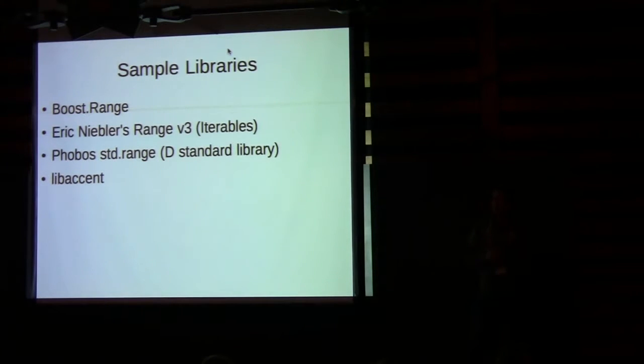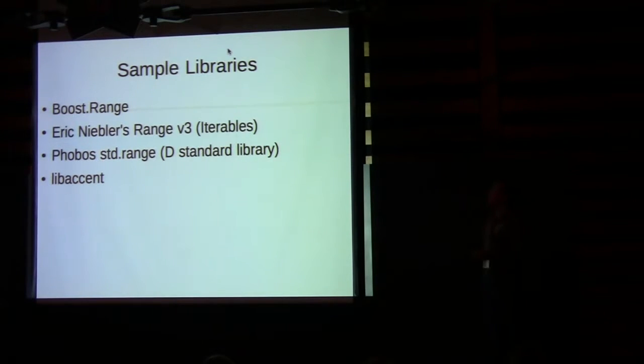Okay, so I'm gonna look in a little more depth at a few libraries. There's Boost Range 2.0. It's been in Boost for quite a few years. The second library is Eric's Range v3, which he talked about in his blog posts and which can be found on GitHub.